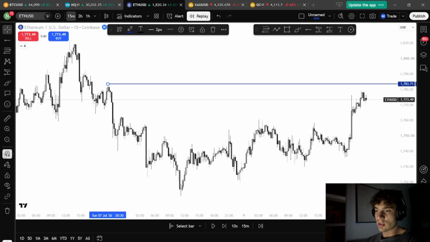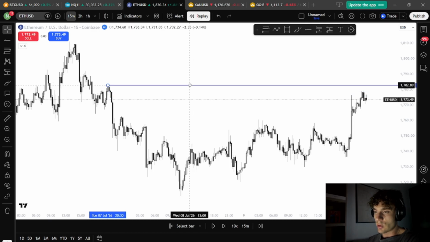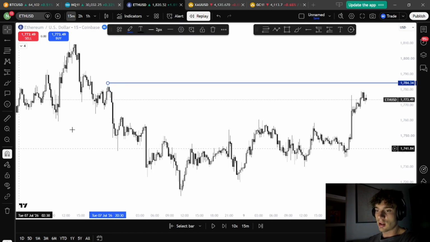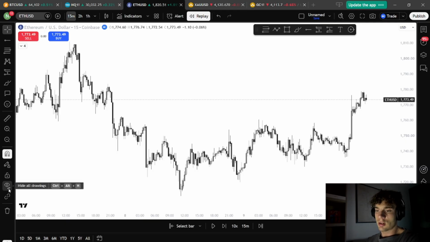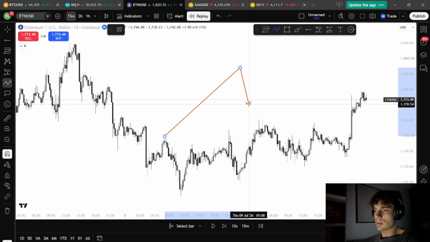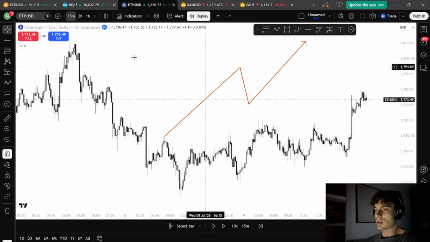If I have this off, I have to try to put it on this exact wick. If I turn the magnet on, it will just snap to that area by itself, which is very useful. And this here, if you have a lot of drawings, if you press this, it will remove all the drawings from the screen.